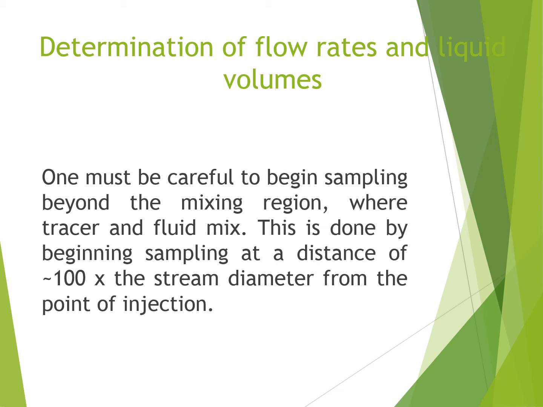So basically we have to be careful during the mixing of our radiotracer along with the liquid that is flowing in the pipes. When we are introducing our tracer, we should begin the sample at a distance of 100 times the stream diameter from the point of injection.